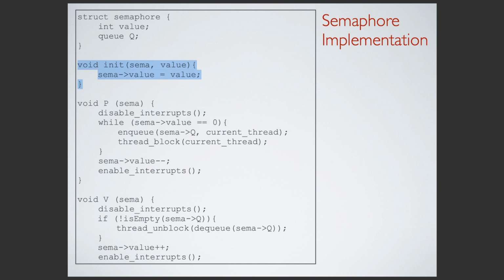Shouldn't the struct also store the max value? Well, it is storing the max value here. It's this value thing. But here actually, you cannot go beyond 5. Why? Because you cannot do V if you don't have the lock before.